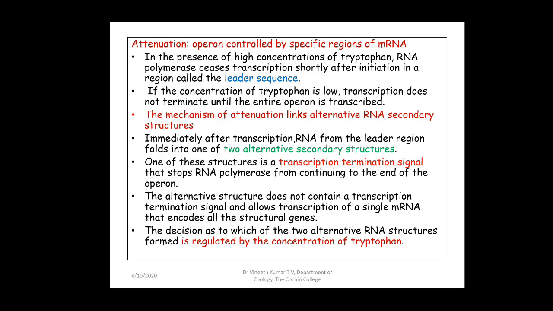Attenuation is when the operon is controlled by specific regions of the mRNA. Here, in the presence of a high concentration of tryptophan, RNA polymerase ceases transcription shortly after initiation, in a region called the leader sequence.